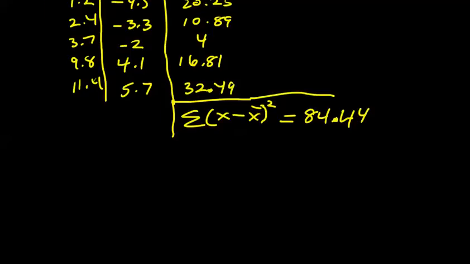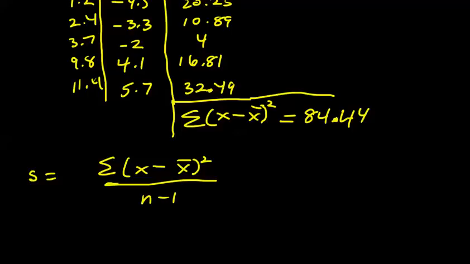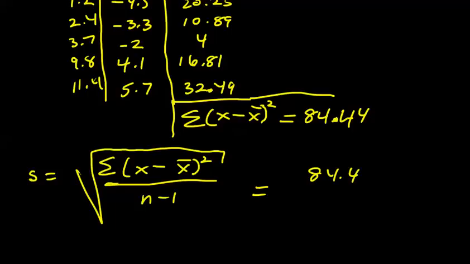Now I'll go back to my standard deviation formula. Over n minus 1. This numerator is the sum of this third column. So under the root sign, in the numerator, I've got 84.44. Your denominator is n minus 1.